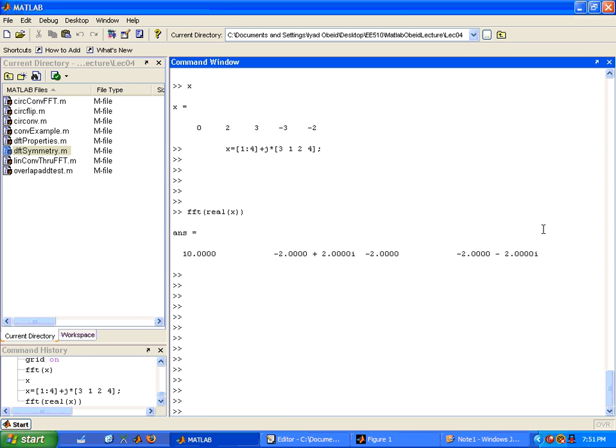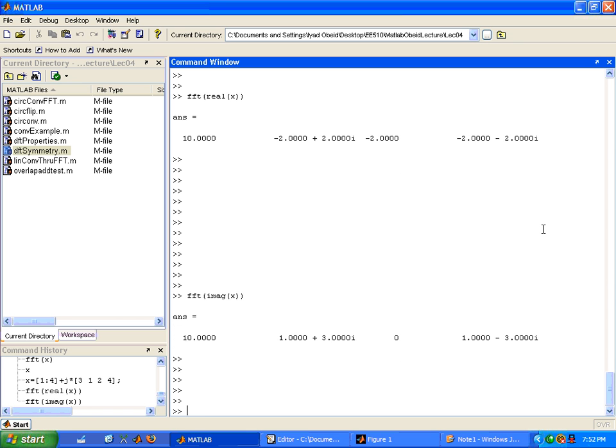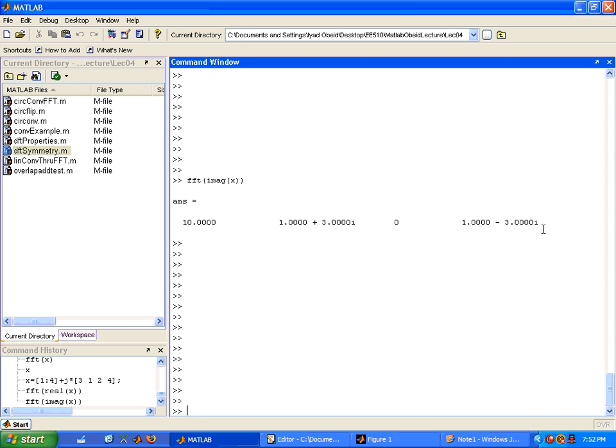Cool. So let's try the opposite now. Let's try the FFT of the imaginary part of x. The book predicts, I'm still on table 5.1, that this should give me conjugate antisymmetric. What do I have?